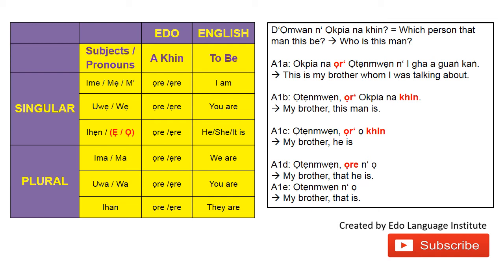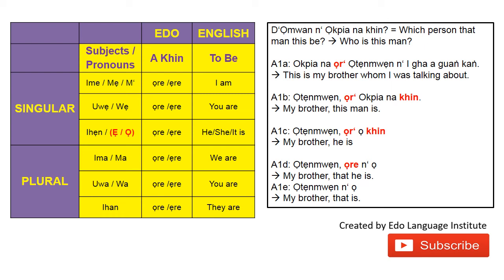So Obiana or Oteme niraguankan. This is my brother whom I was talking about. In this case, it is definite again because it's that particular brother, not any other brother, but the one I was talking about.